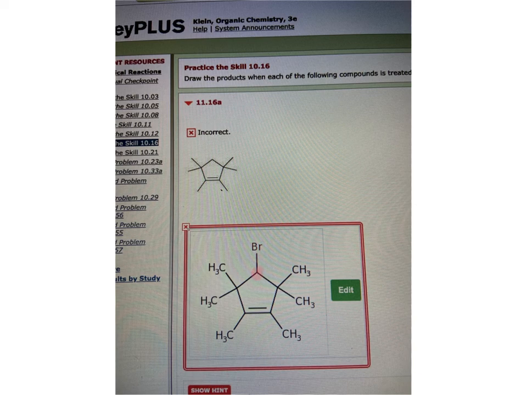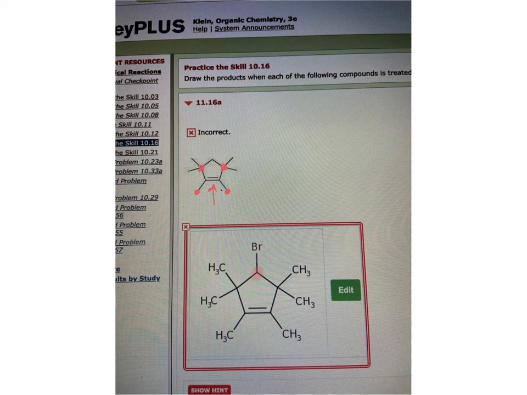So in this radical halogenation problem, what you're asked to do is identify where the alkene is. So the alkene's right here, and then the carbon's bonded to that alkene. So this one, and I'll use little squares.